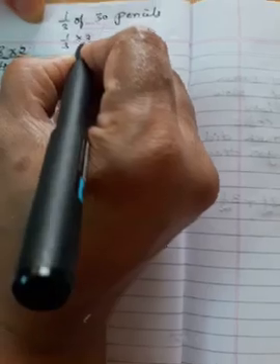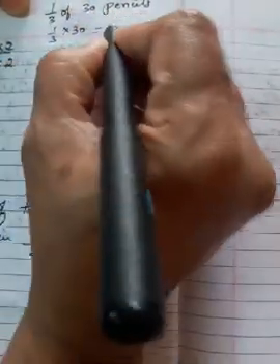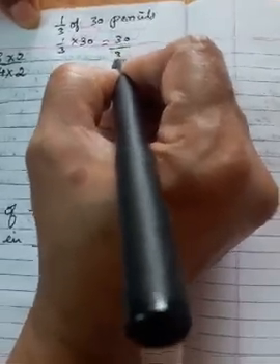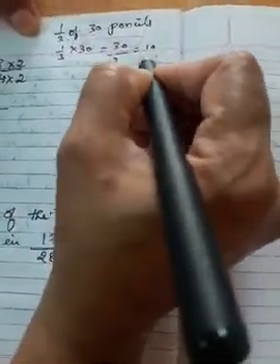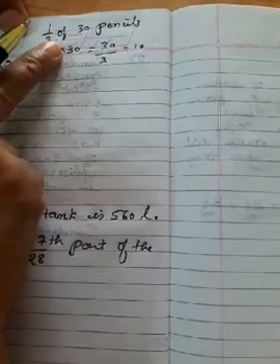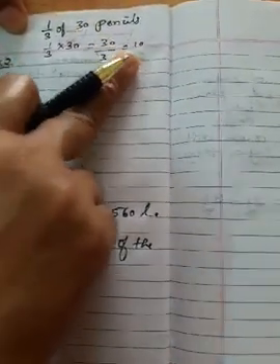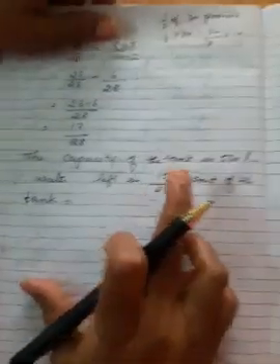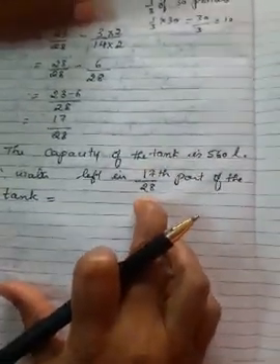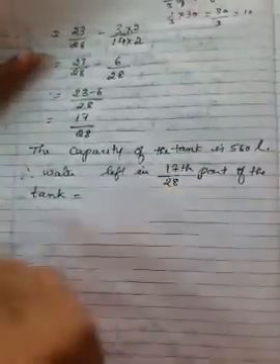So what we did there? 1 upon 3 multiplied by 30, then 1 into 30, numerator by numerator, 30 upon 3, and we got the answer 10. That means 1 upon 3 of 30 pencils means 10 pencils. Similarly here we should find out 17 upon 28 of 560 liters.